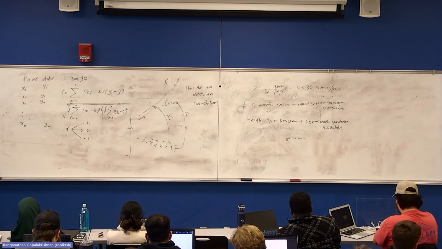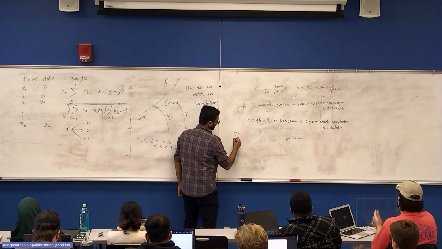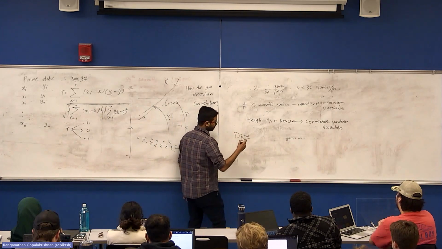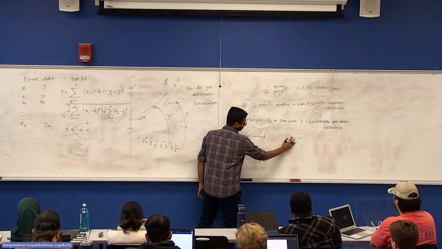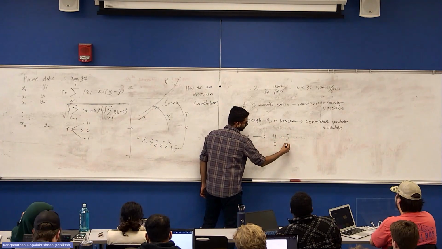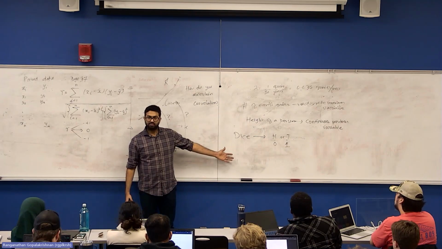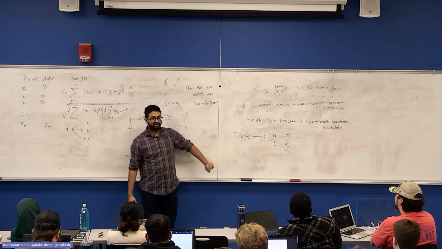So when you take a coin, a coin can provide 2 outcomes. Either it can assume head or tail, or you say 0 or 1. Obviously, this is a discrete random variable, right? What is the size of the sample space?